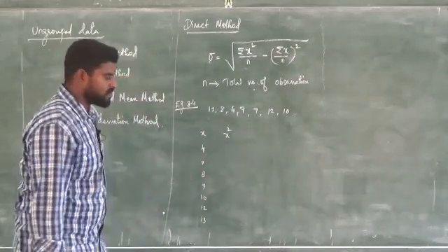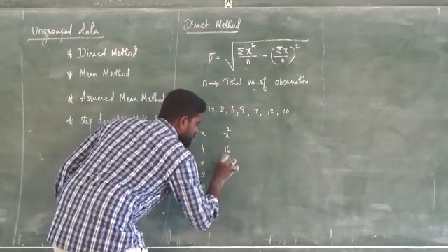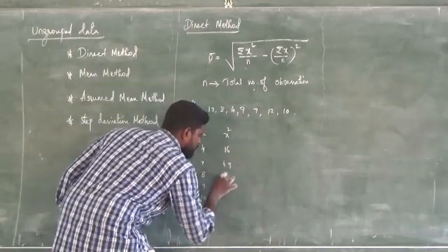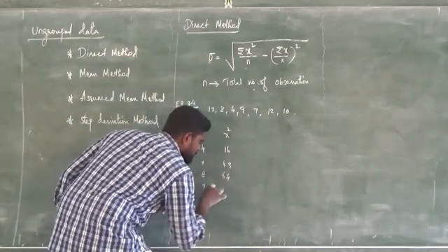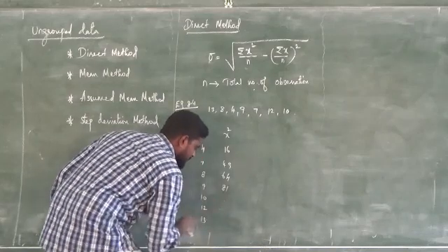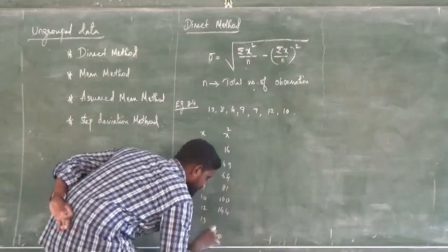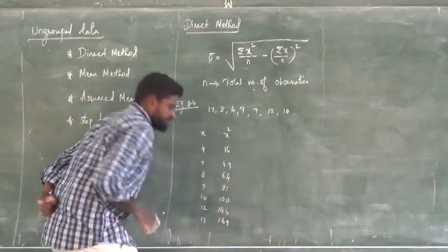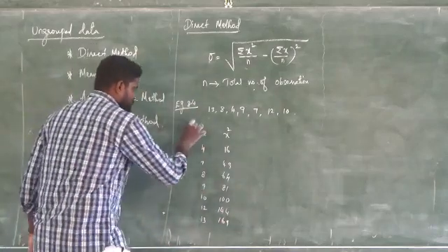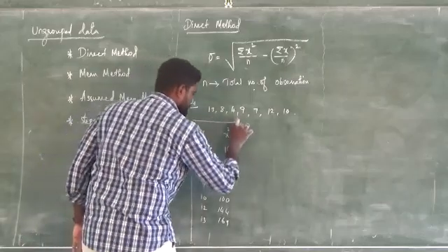For example, 4 square is 16, 7 square is 49, 8 square is 64, 9 square is 81, 10 square is 100, 12 square is 144 and 13 square is 169. So these are the values of x and x square.